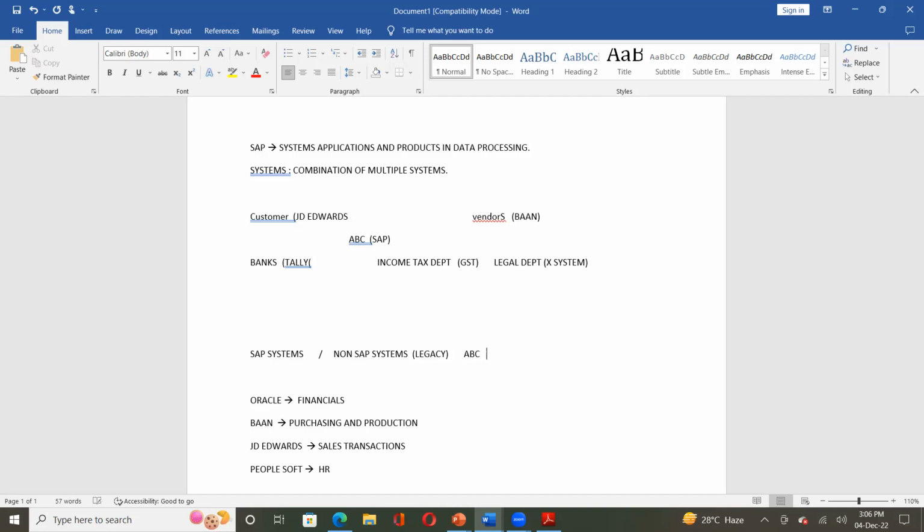Data management. What do you mean by different data management? For different modules, you have to use different applications to track, and you have to toggle between different applications at once. Correct. So it becomes a little difficult.